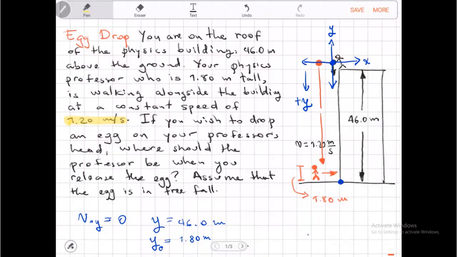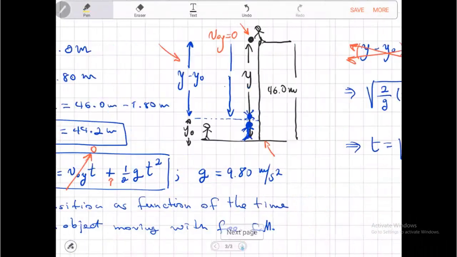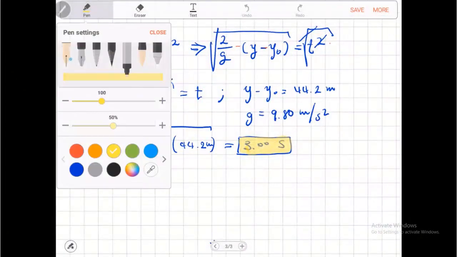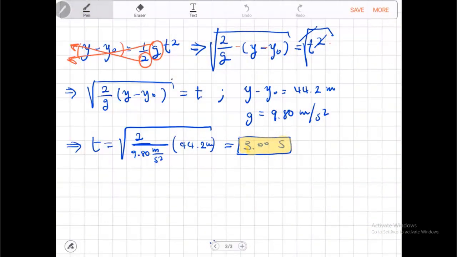That's the velocity at which the professor is walking. So we come back here and say he's walking at this velocity, 1.20 meters per second.